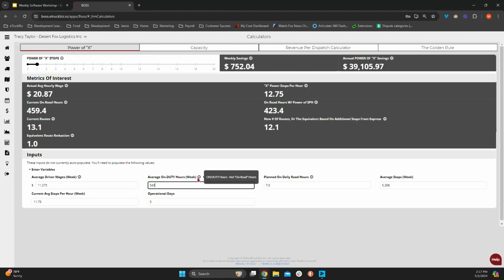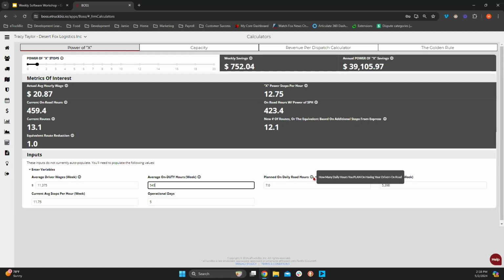Average on duty hours, that is in our system as well. You can go find this under the revenue here, under financials, in the op metrics. And this is also not on road hours, this is just on duty, so it includes both. Planned daily road hours: how many hours do you plan on having your drivers on the road?